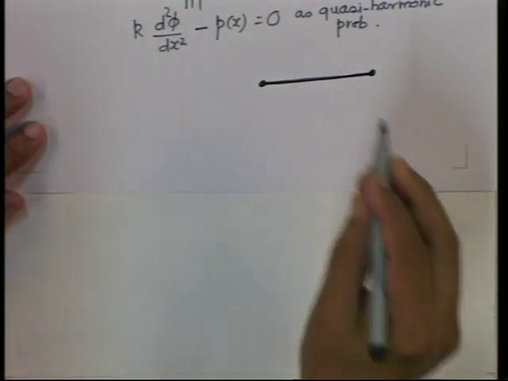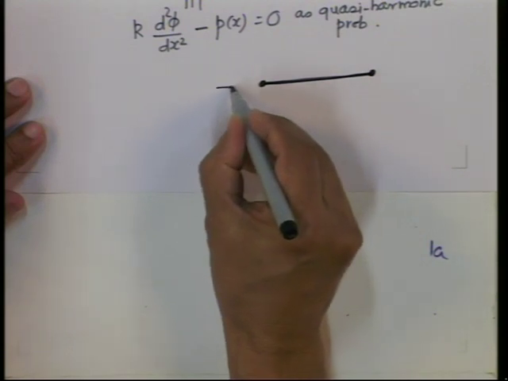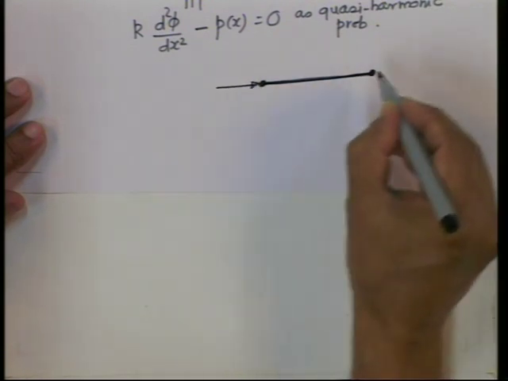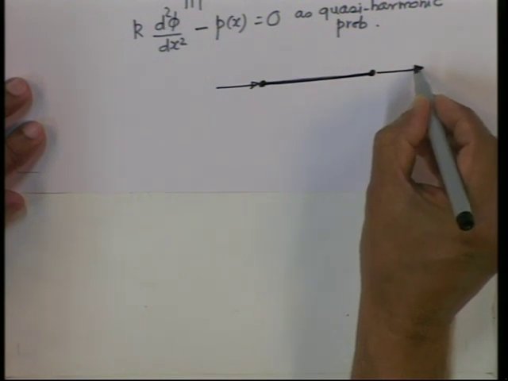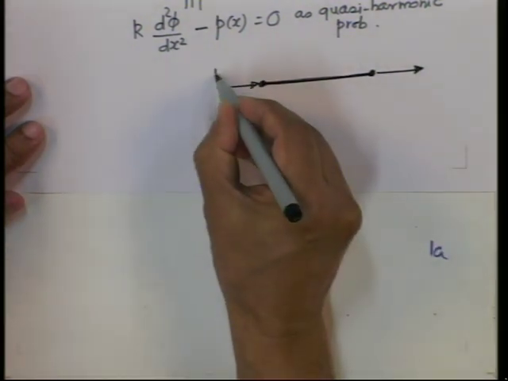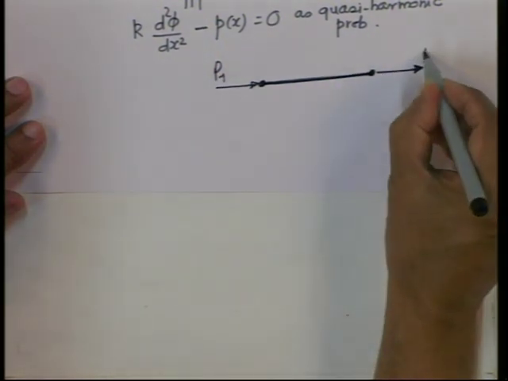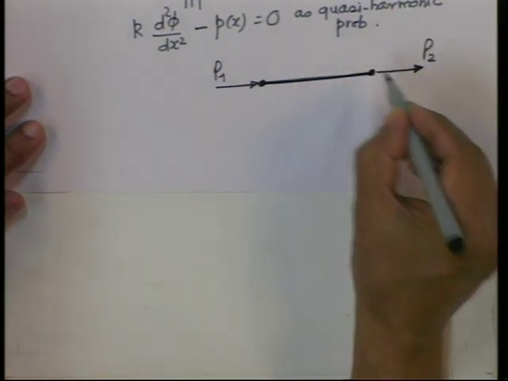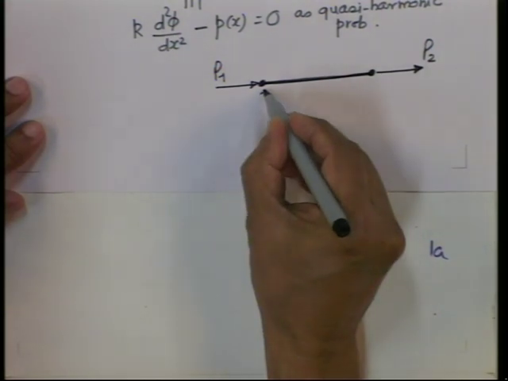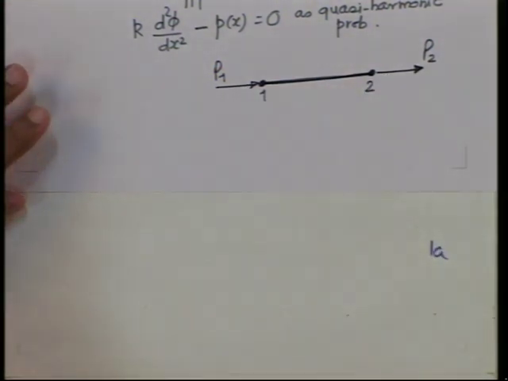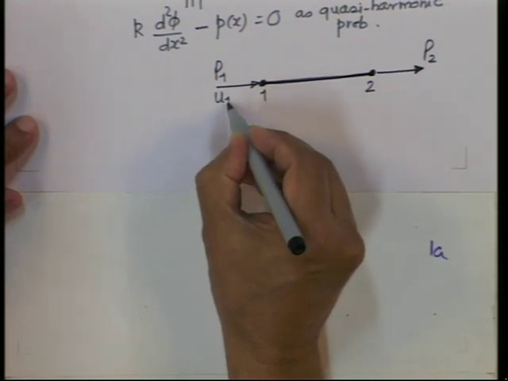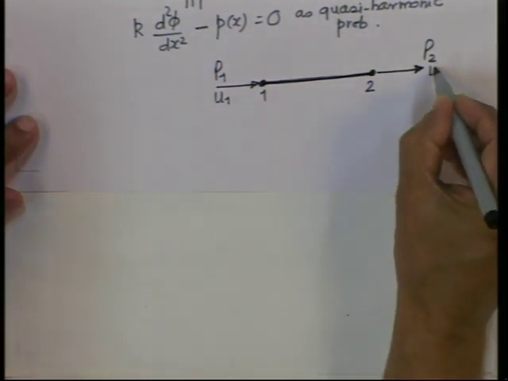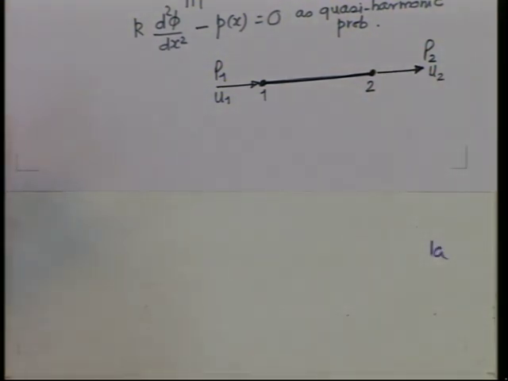We have some P 1, node 1, node 2, and let us again say that the displacements of these nodes are u 1 and u 2.